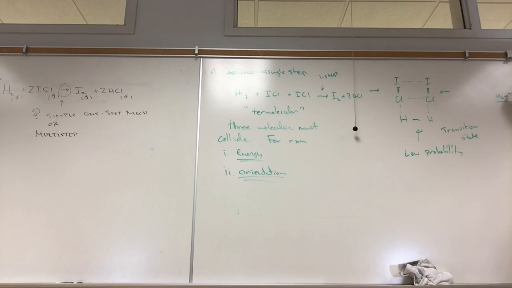So we've got H2 plus ICl plus ICl going to I2 plus HCl plus HCl. The transition state is going to be at the top of the hump here. A transition state is not the same thing as an intermediate.